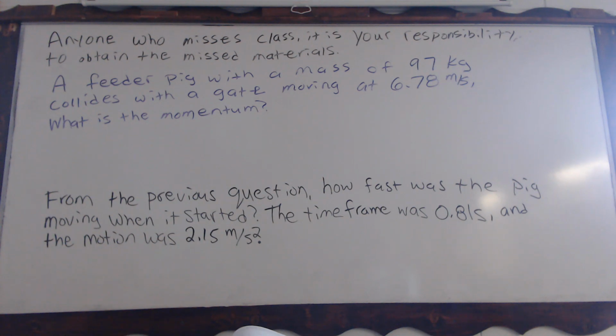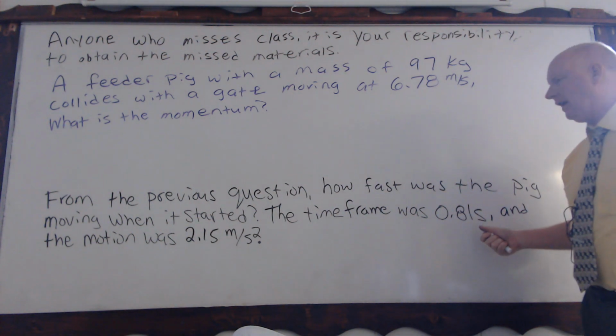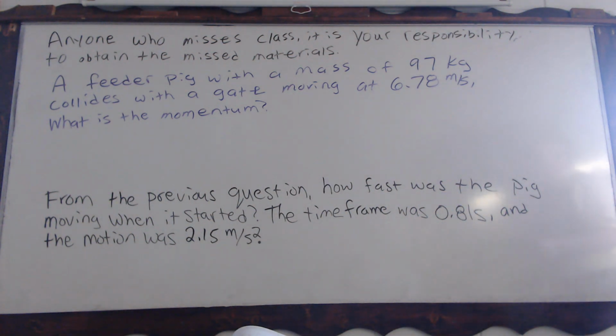So when it started, and if it's moving, what type of variable is that? It's a velocity and it's an initial velocity, okay? So the time frame that this movement was 0.81 seconds, and the motion was 2.15 meters per second squared, okay?